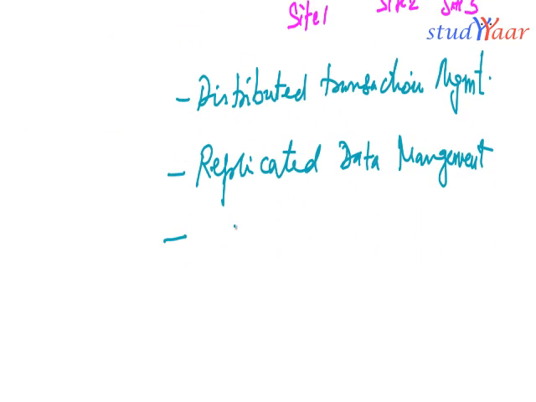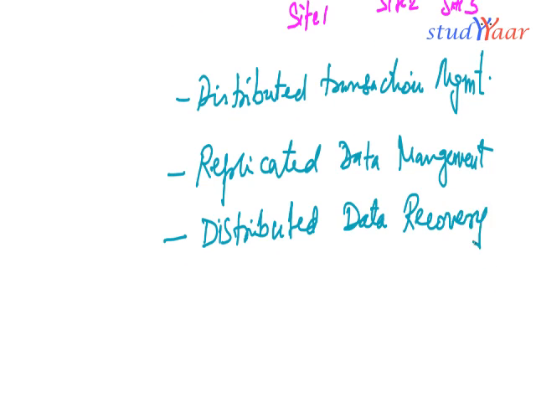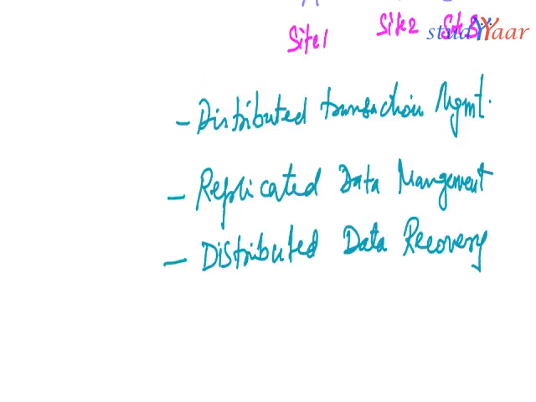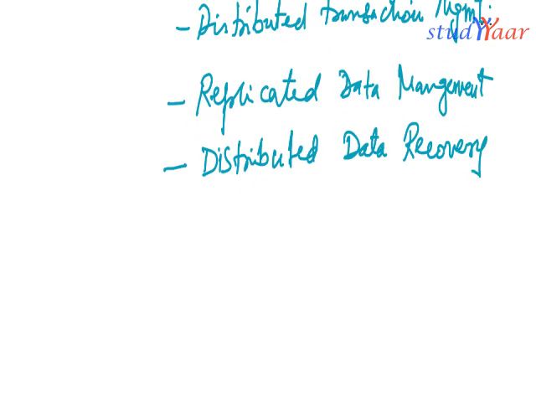Okay, next is distributed data recovery. Now I have to ensure that the system does not get affected if only one site fails, and I have to recover gracefully from the failure of a particular site.